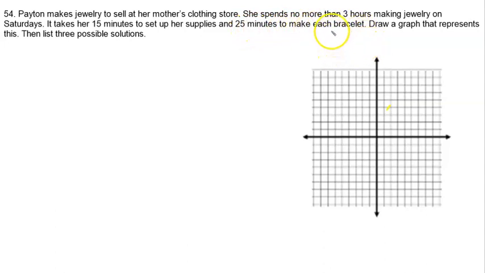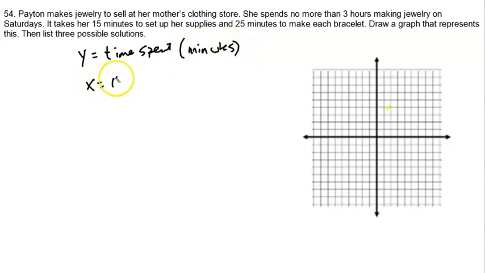So really what this amounts to is two variables to represent the amount of time that it's going to take in order to make a certain number of bracelets. And then knowing that she spends no more than 3 hours total making bracelets, I could define my variables as Y is time spent, and we're going to convert this into minutes to be uniform.